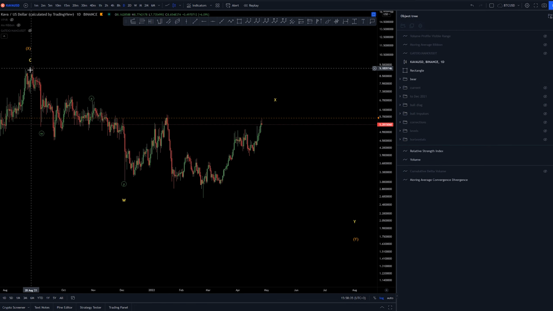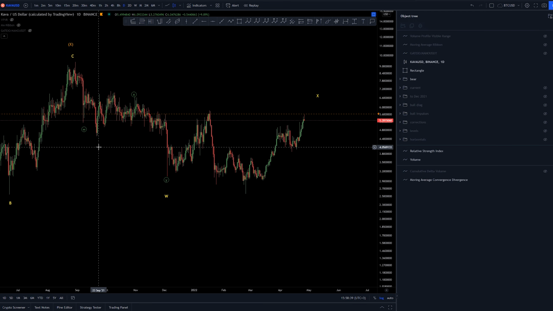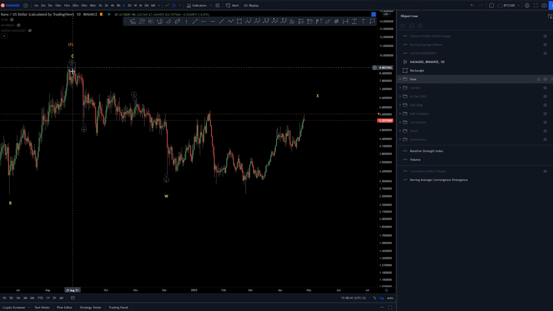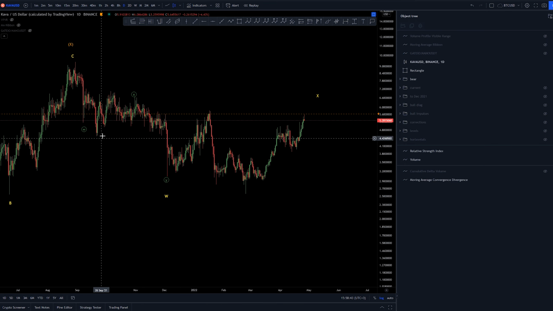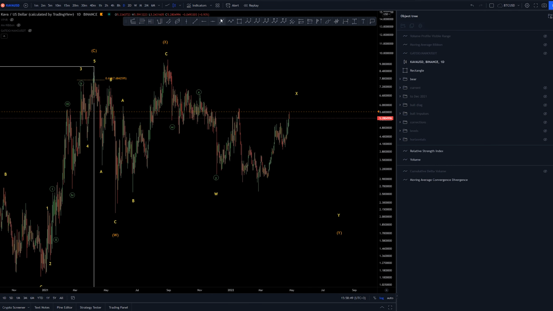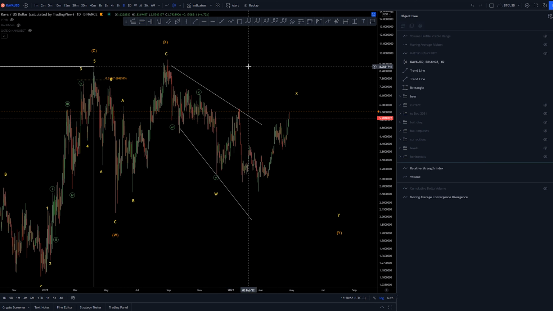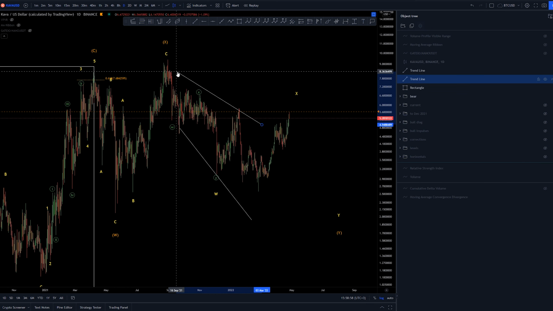So let's just look at this possibility. It is kind of hard to see 3-wave structures here with the diagonals. But I'll probably look into that, though definitely not likely. I'm just adding these to see later if that is actually a possibility.